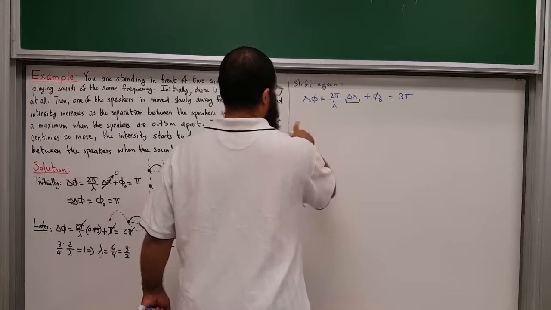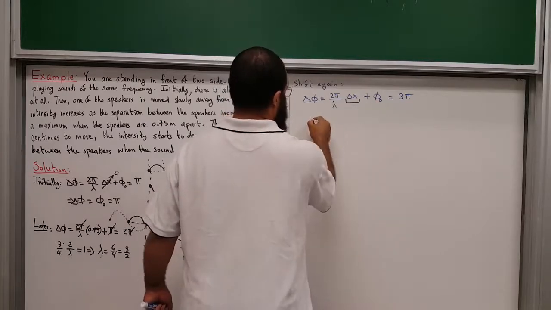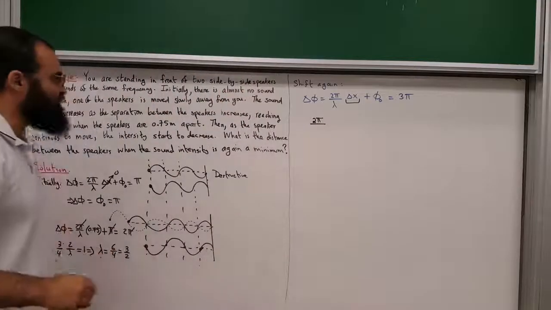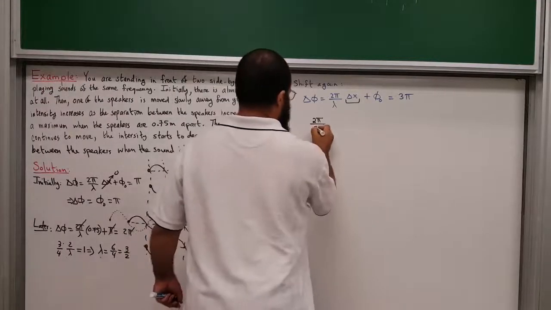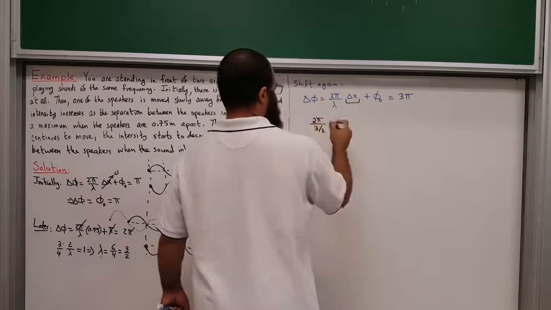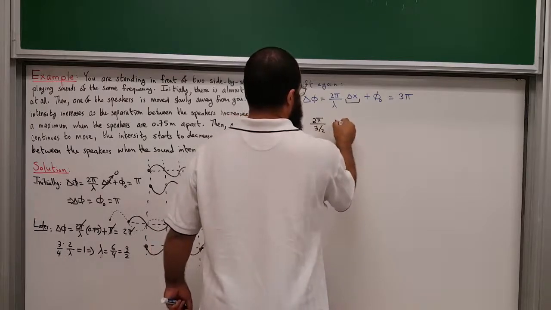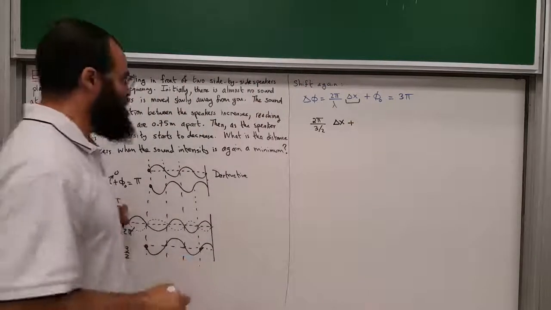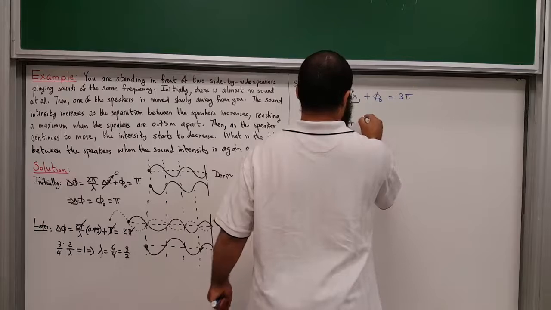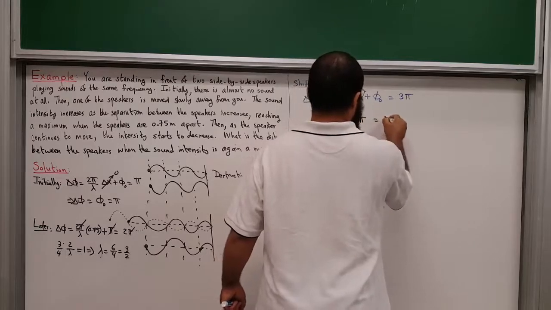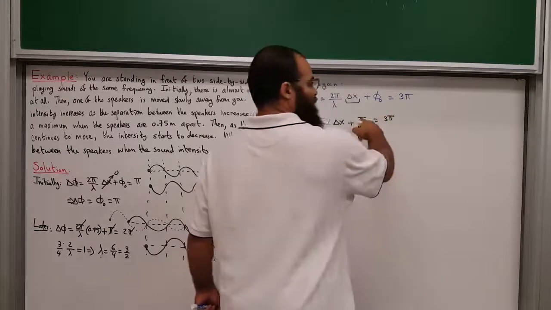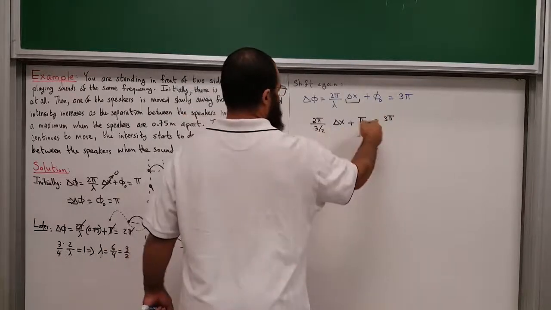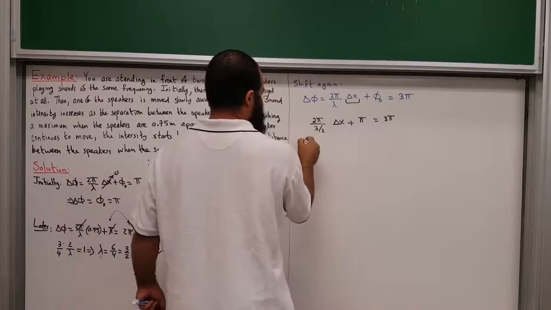So let me write this part here. You get 2 pi divided by lambda, but lambda is 3/2. So 3/2. It will flip in a moment and go upstairs. Delta x plus phi 0, we said, is pi, right? Phi 0 is pi. And then here I have 3 pi. We'll move the pi to the other side, so it becomes 2 pi. Let's just do it in 2 steps.